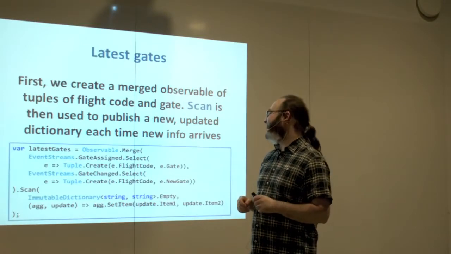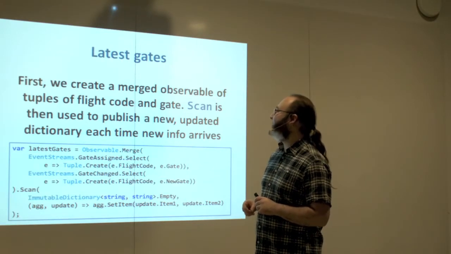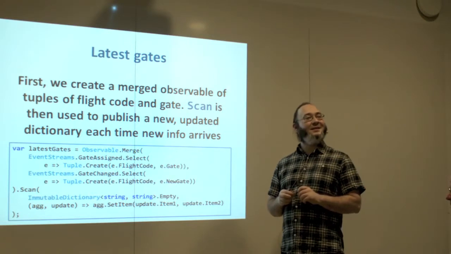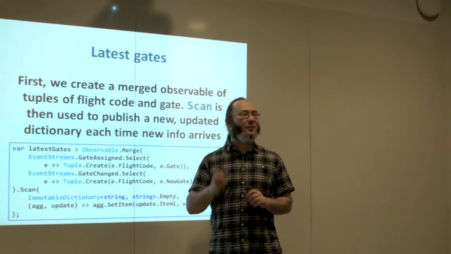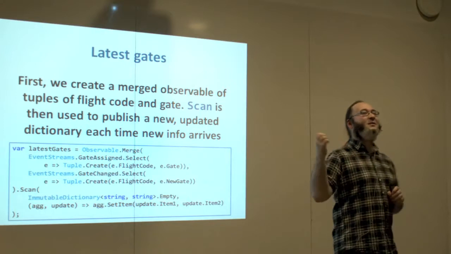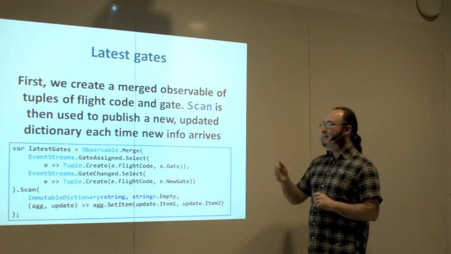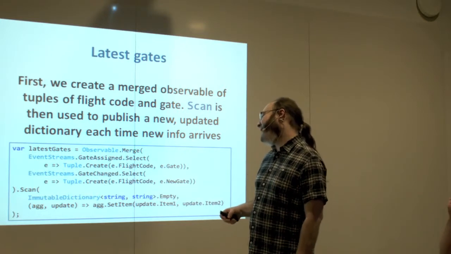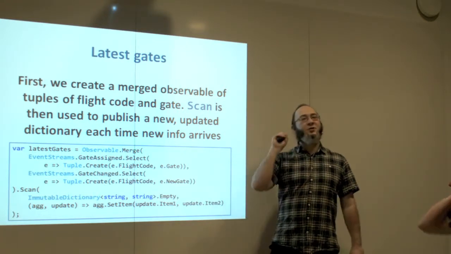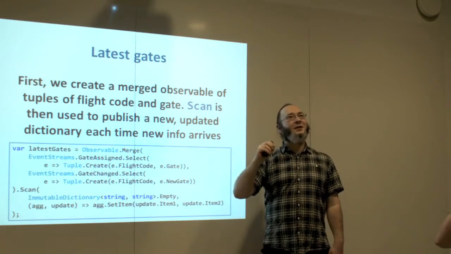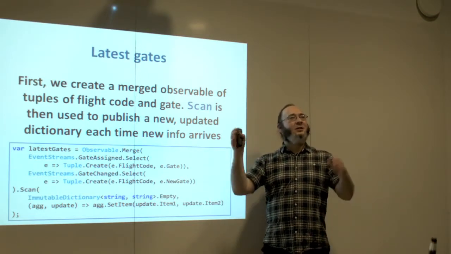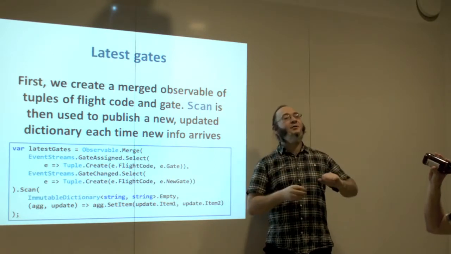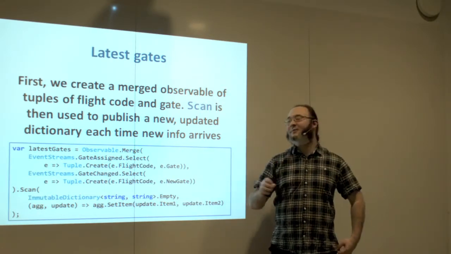But what we do have is immutable dictionaries in .NET now. Not built into the .NET framework yet. You have to get them as an extra library still. But basically what an immutable dictionary does is every time you put something into it or take something out of it, it doesn't mutate the existing one. It just gives you back a new dictionary that's got the thing added or removed. So you always get a new one out.